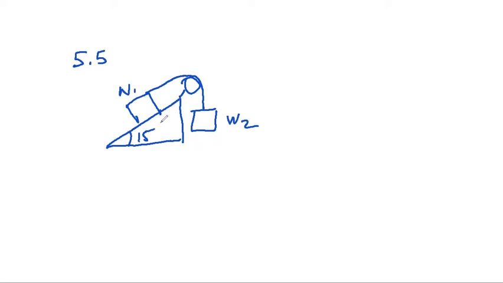You designed a system in which a granite block on a cart with steel wheels is pulled uphill on steel rails by a dirt-filled bucket, W2. So this is your granite block, and that's dirt.